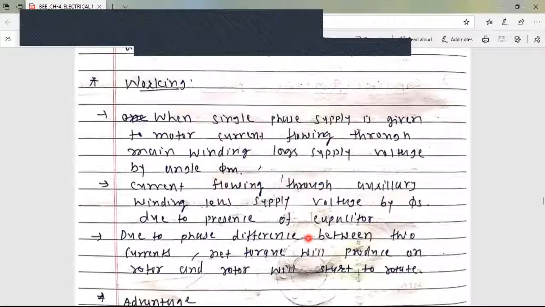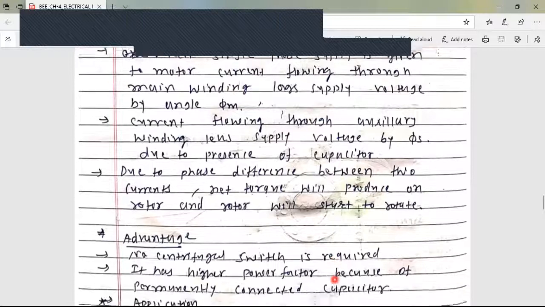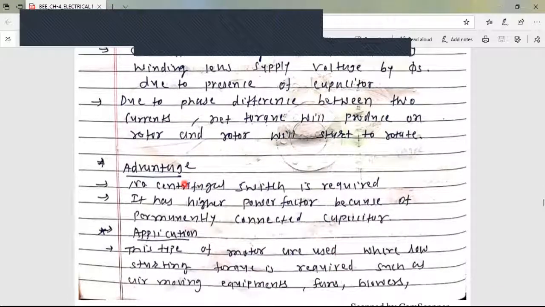Due to the phase difference between the two currents, net torque is produced on the rotor and the rotor starts to rotate. This is the simple working of the capacitor run induction motor, but it has advantages: from the construction, a centrifugal switch is not required, and it has a higher power factor because of the permanently connected capacitor.